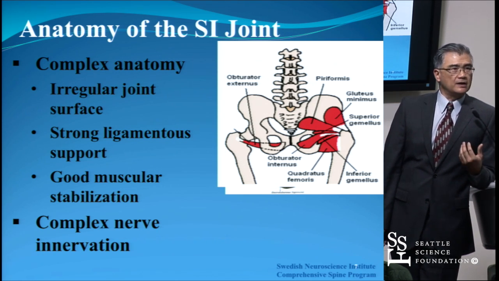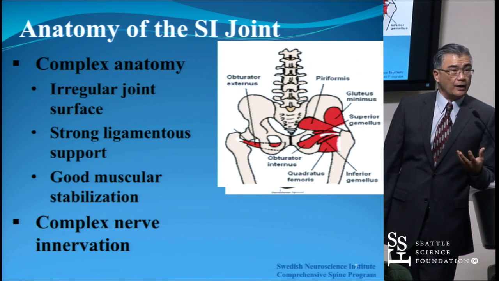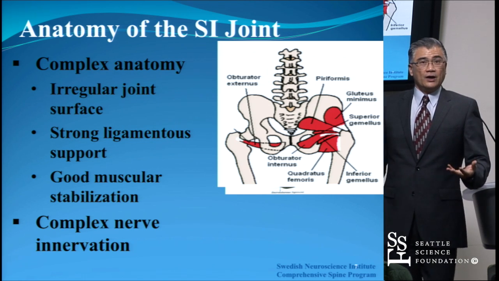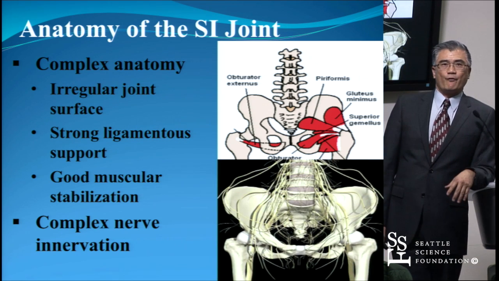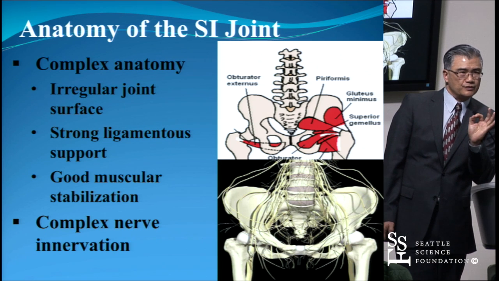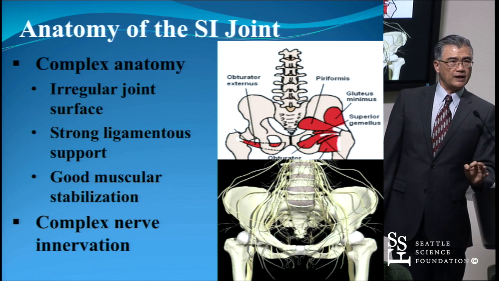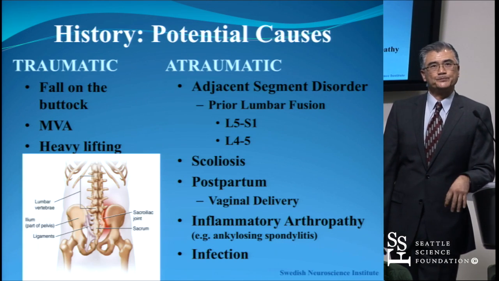So it's mainly the ligaments and muscles that bind the SI joint together so that I can stand up right here and not fall apart. And the SI joint can be the pain origin because there's a very complex nerve innervation: S2, 3, 4, those tiny nerve endings innervate the SI joint, and that's why it can be a pain generator.